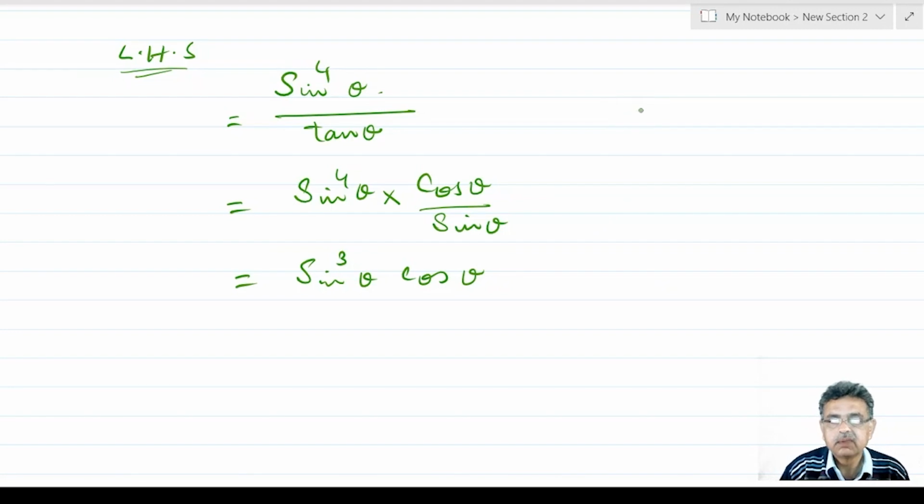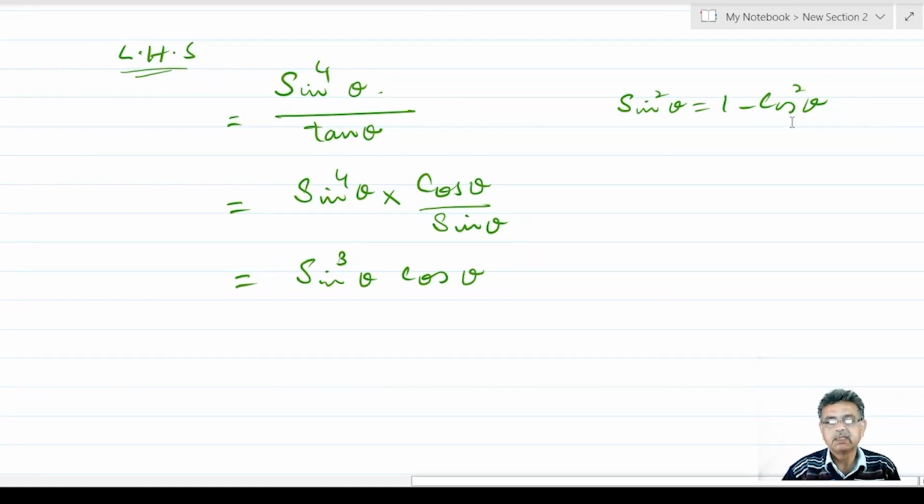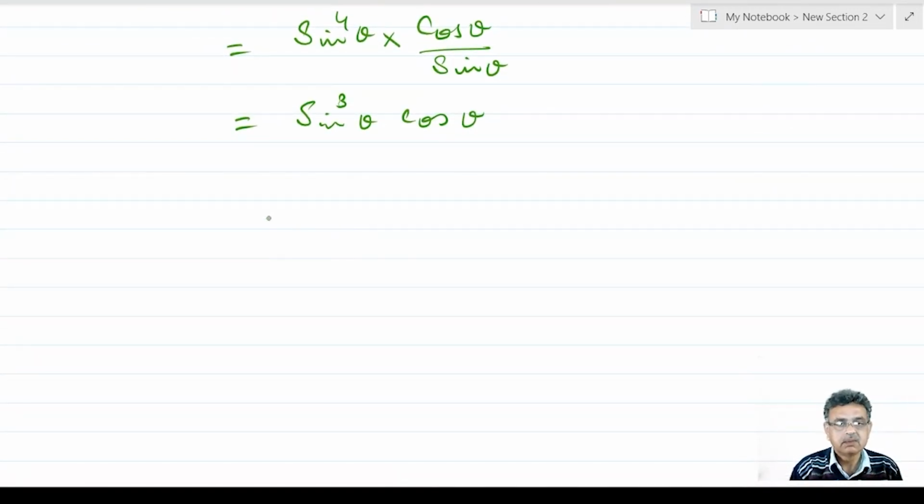Okay, and the identity we know is sine square theta is equal to 1 minus cos square theta. So we have to change this power in a way that we can apply this identity. So what we can do, we can write it this way: sine square theta into sine theta cos theta.